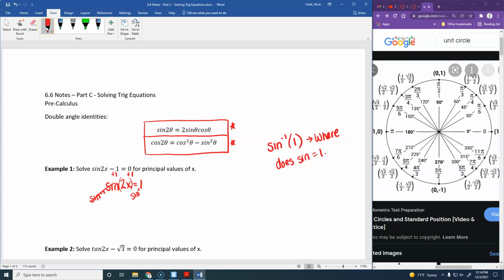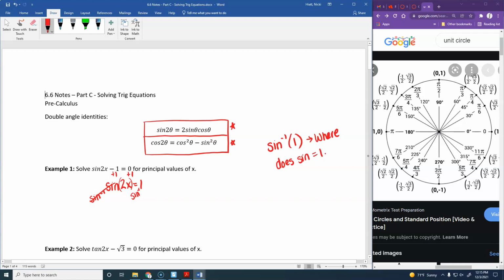All right, so we're thinking about, where does sine equal 1? Sine's our y coordinate. Where on the unit circle, specifically principal values, does sine equal 1? Pi over 2. So pi over 2 is sine inverse of 1.